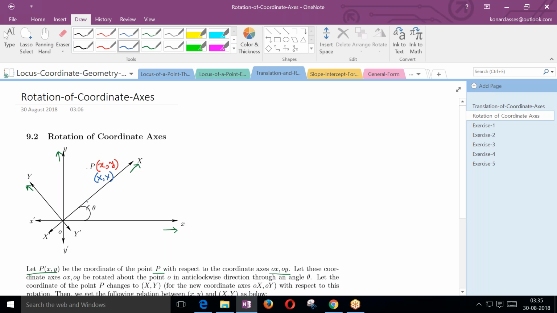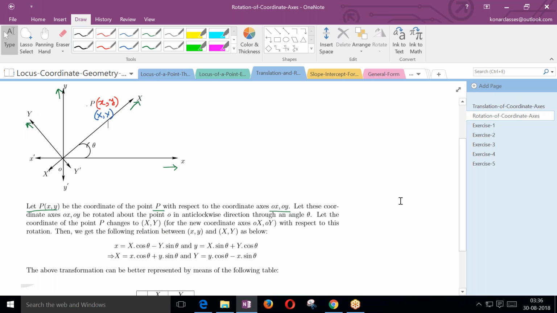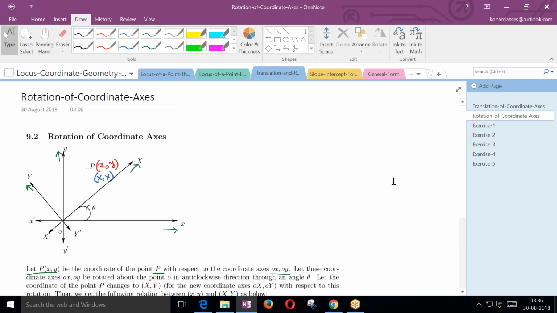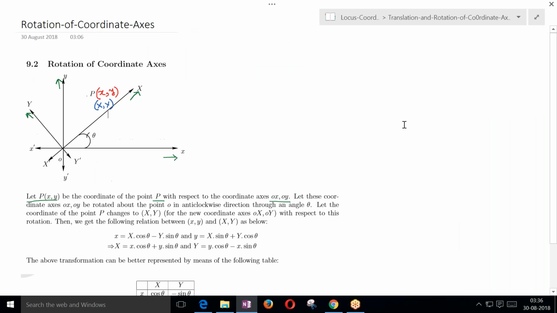Because theta plays a role in defining the value of capital X and capital Y. If you look into this, we can do the derivation as well. I would like to derive it, and please go through this derivation. In case of any doubt, please do let me know.